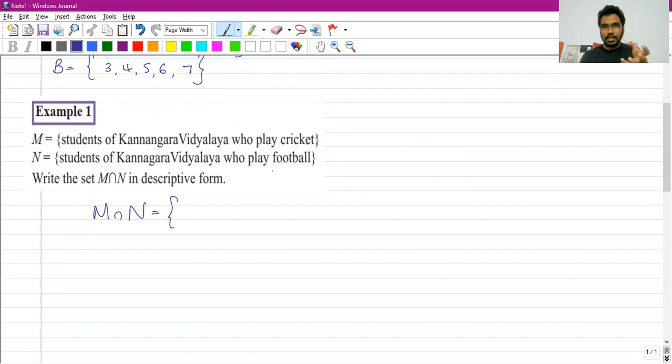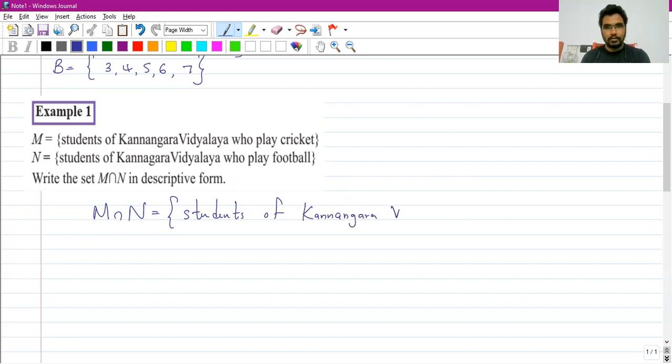So intersection means students of Kannangara Vidyalaya who play cricket and football, not or football, because they must play both of these games. So it must be and. So we can write students of Kannangara Vidyalaya.